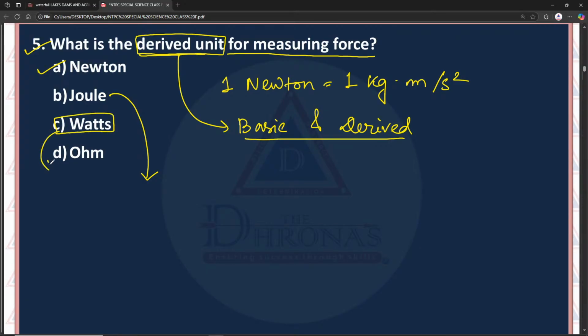What is power? Joule is a unit of work or energy. ठीक है. Joule is a unit of work or energy. Then this is SI unit. Work or energy का SI unit है joule. ठीक. Now moving into the next question.